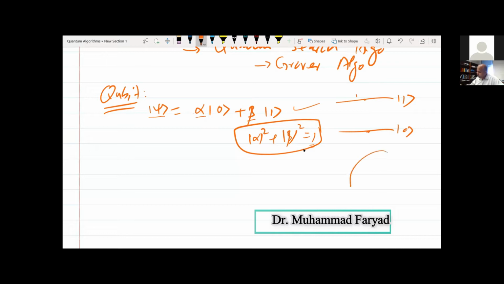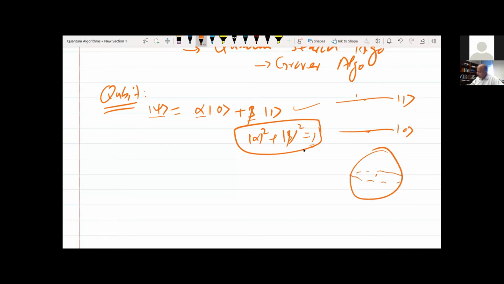So that's why we can represent this qubit as a state on the surface of a unit sphere, because this surface is specified by 2 parameters, theta and phi. So neglecting the global phase, we can represent the state of the qubit as a point on this sphere, which we call Bloch sphere.